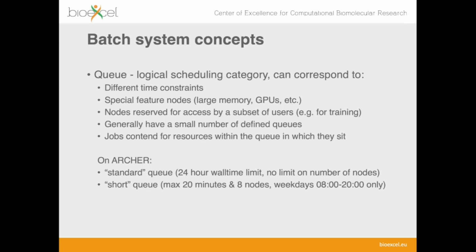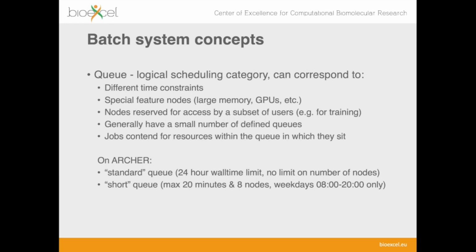And I guess it goes without saying that you're queued with other people waiting for the same thing. Jobs within a queue are scheduled to share usage of the resources associated with the queue that they sit in.